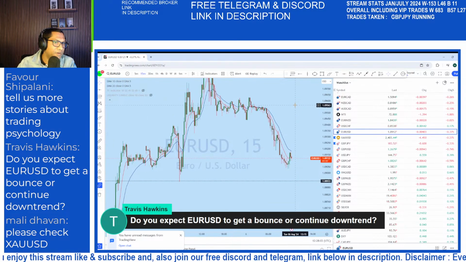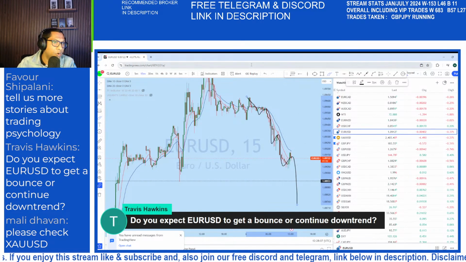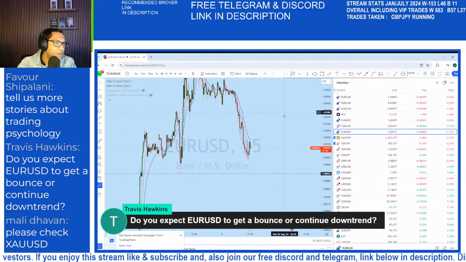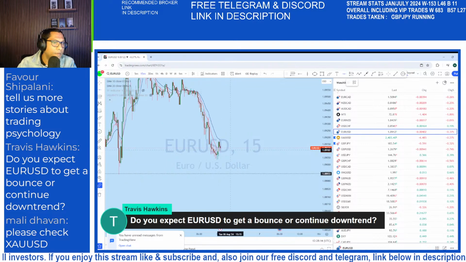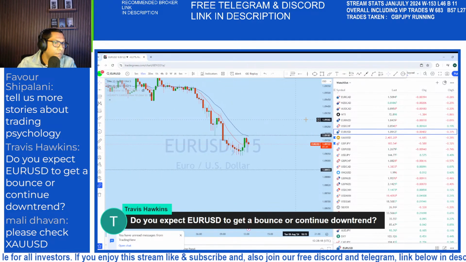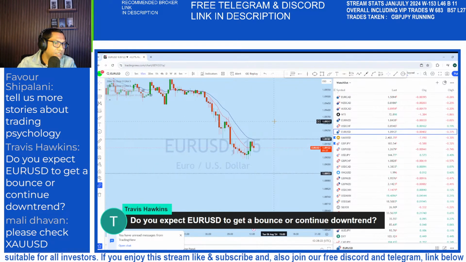So you can see this is the 15-minute chart. The market trend is down, creating a series of lower highs and lower lows. You can see this is a support turning resistance on Euro dollar.